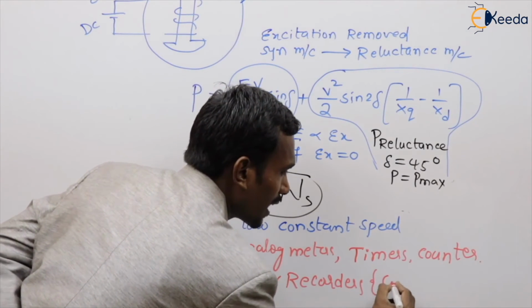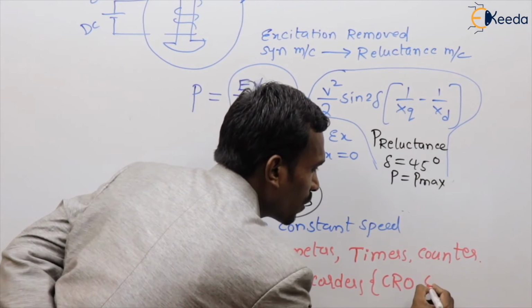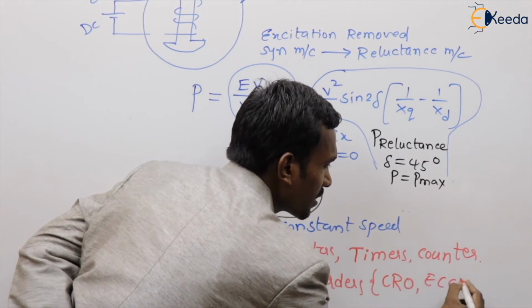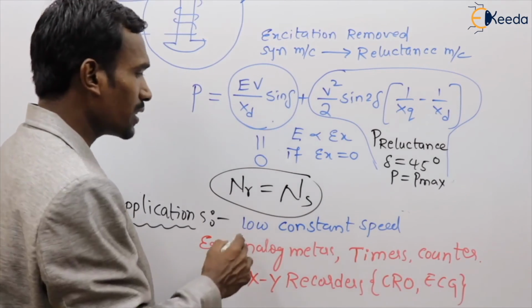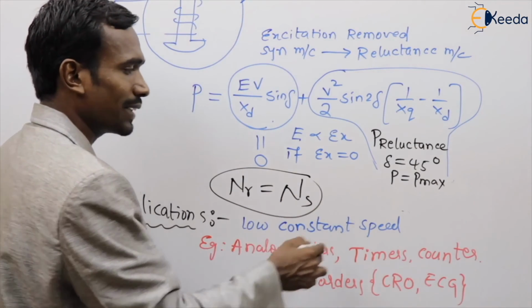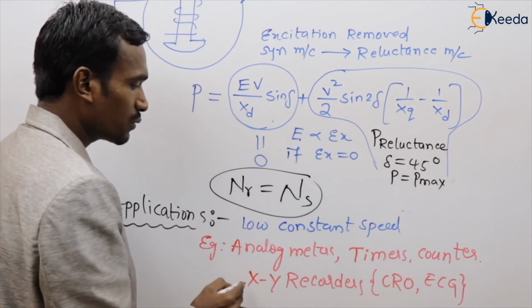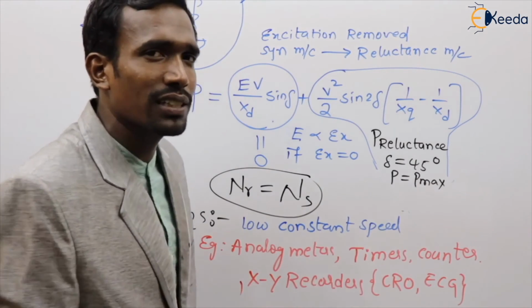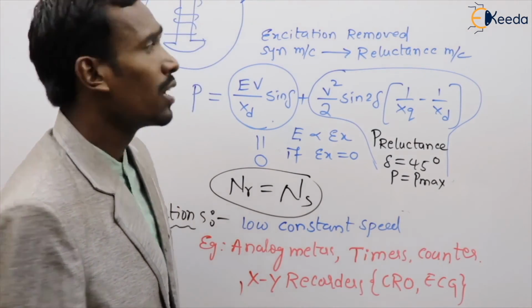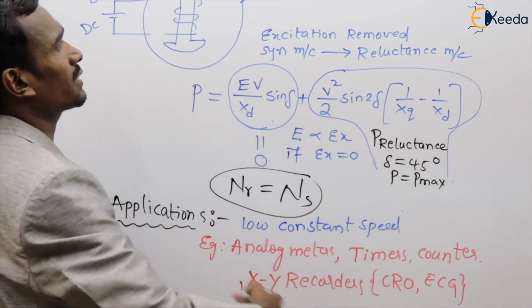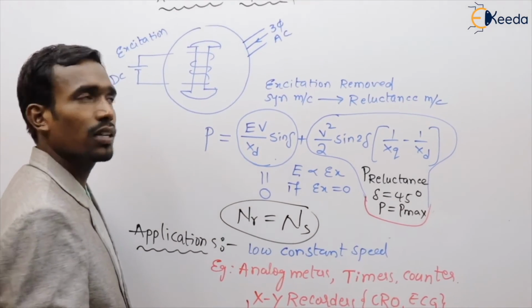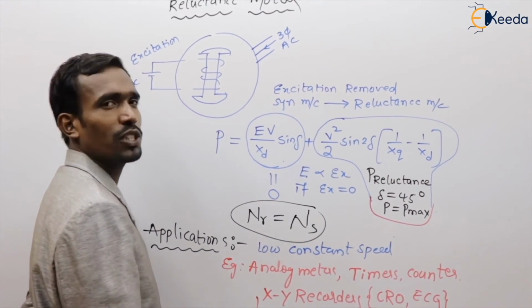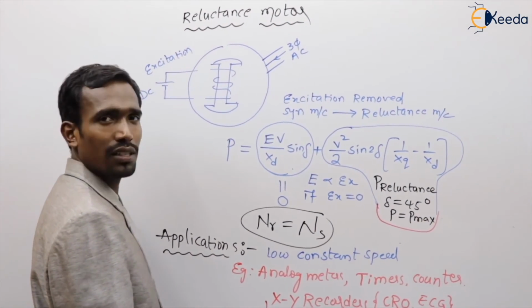What are XY recorders? Like a CRO, ECG, and so on. This is the reluctance motor, very important: the synchronous machine with excitation removed is the reluctance motor.